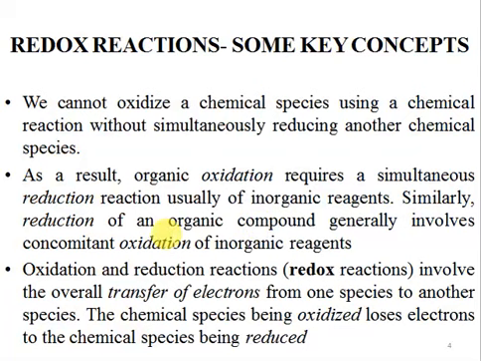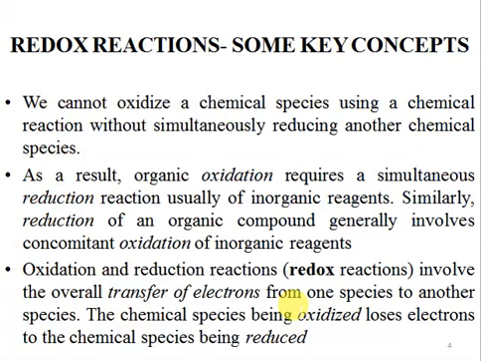Overall, oxidation and reduction reactions involve the transfer of electrons from one species to the other. The species which is oxidized is losing electrons, and the species which is reduced is gaining the electrons lost by the oxidized species.